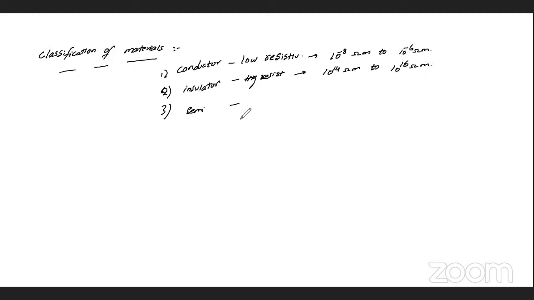These are insulators. Semiconductors lie in between conductors and insulators and partially conduct. We'll discuss the same in the last chapter, electronic devices. The range is 10 power minus 6 ohm meter to 10 power 16 ohm meter. These are semiconductors.